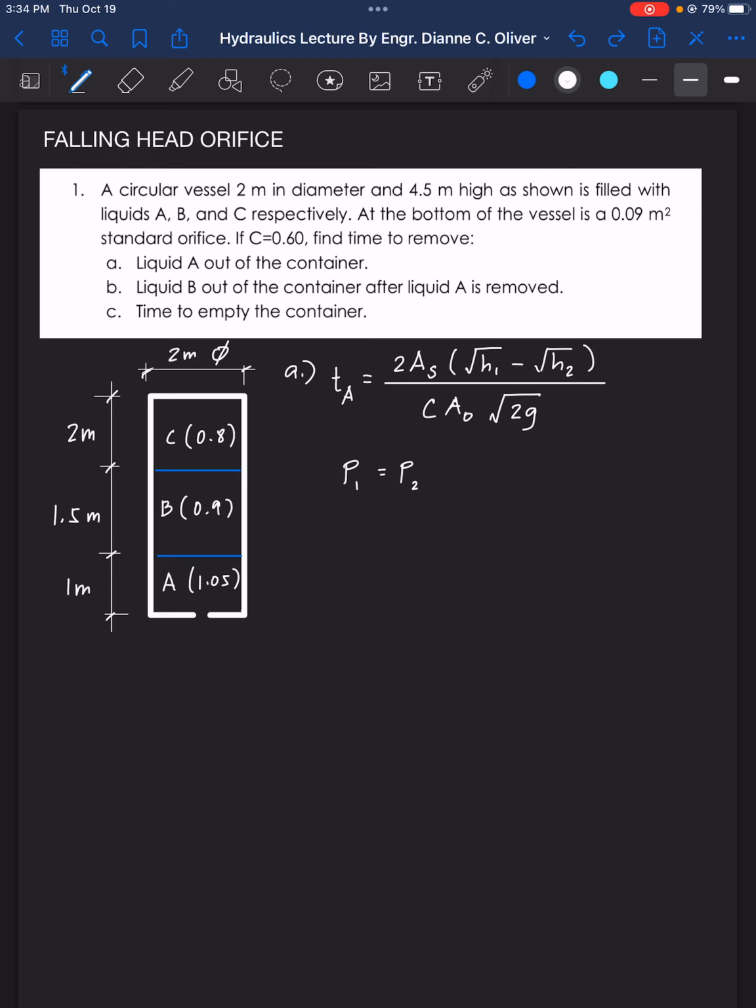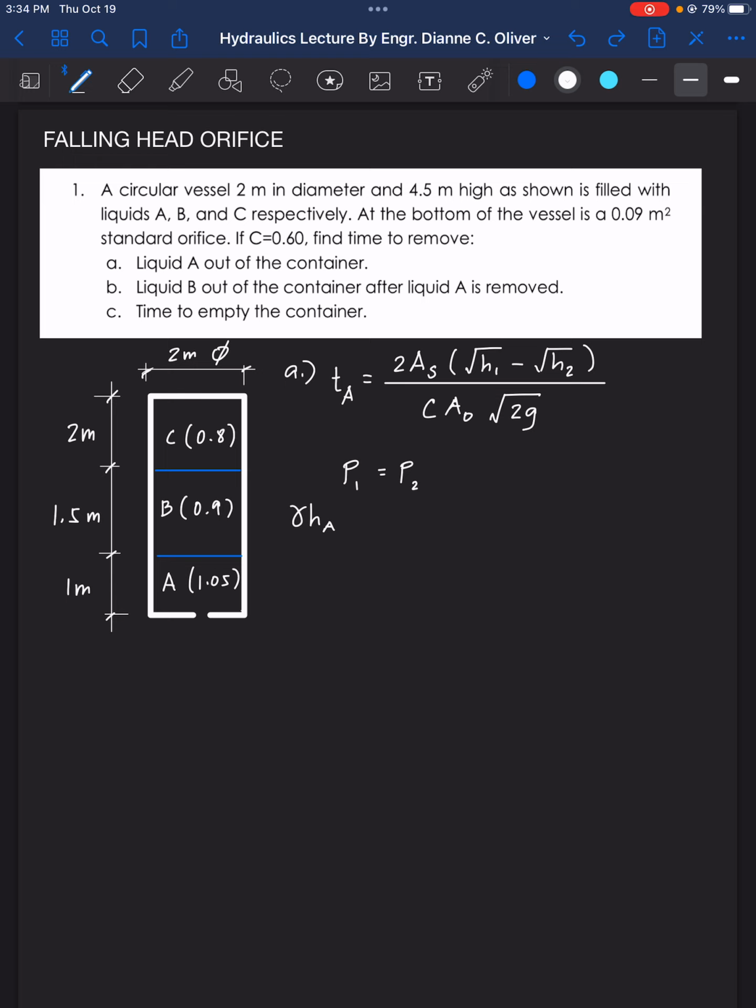So for P1, which we are going to convert, gamma times H, where gamma is the unit weight of the liquid.